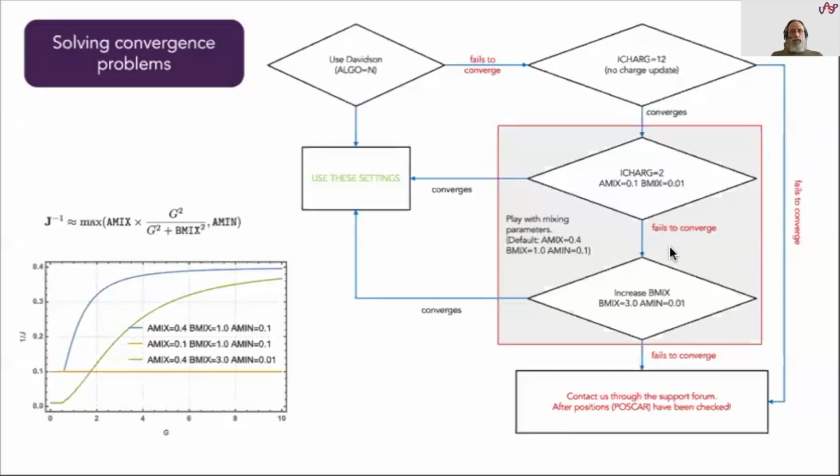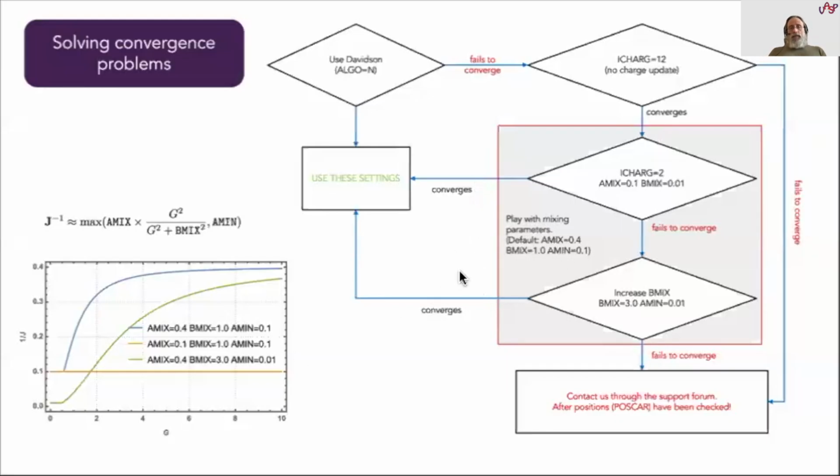If that fails to converge, then try to mix more slowly at small G vectors. That is done by increasing BMIX and by decreasing AMIN. You can always refer to this formula. That would be this green line. Of course, you can force this to go down even more by changing AMIX as well. So you end up with something here that would be exceedingly cautious mixing.